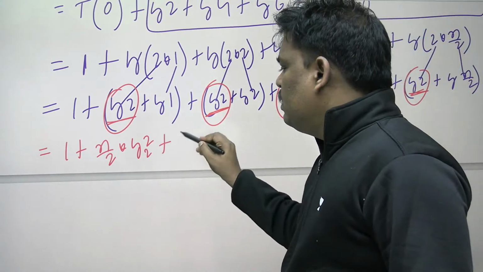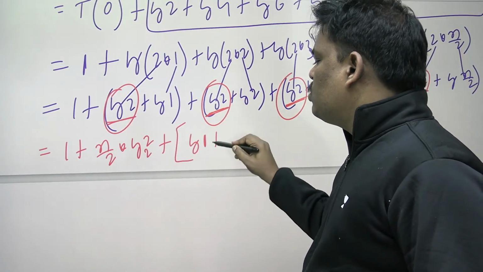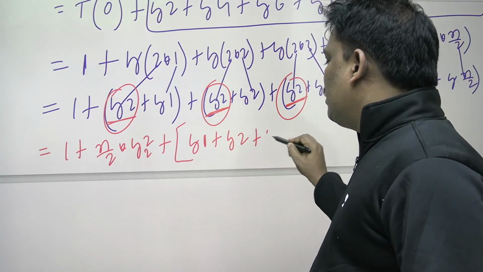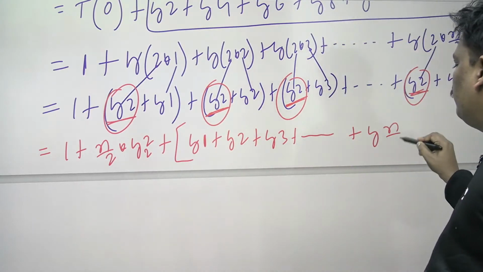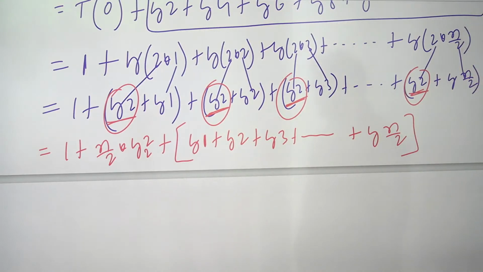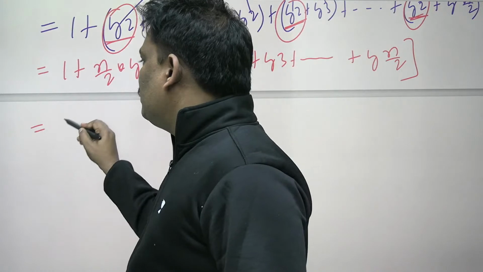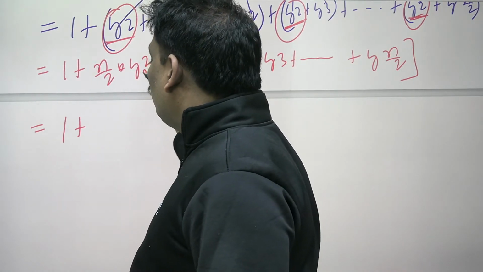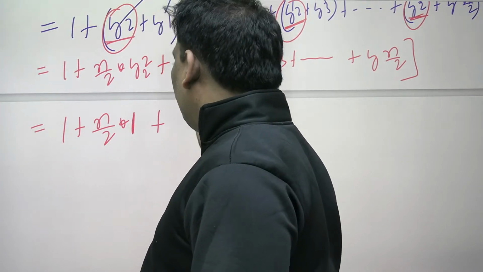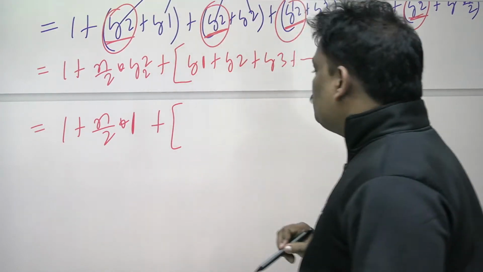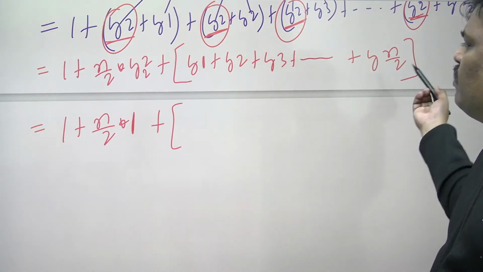Plus, in the remaining parts, log 1 is left out in the first term, log 2 in the second, log 3 in the third and so on, up to log n by 2. Now this can be written as 1 plus n by 2 into 1, since log 2 base 2 is 1, plus log 1 plus log 2 plus log 3 and so on up to log n by 2.